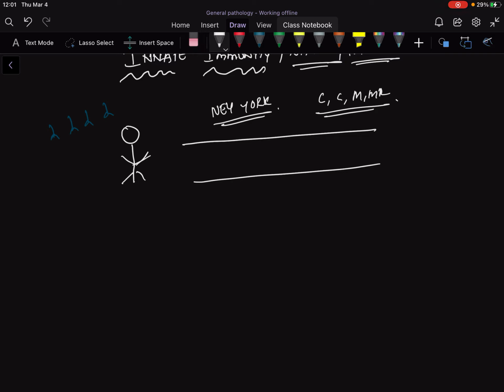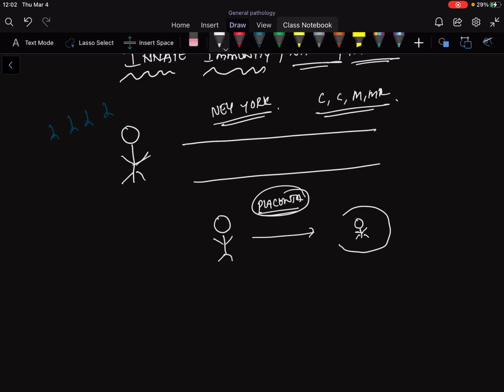And one day she got pregnant, and what will happen? All these antibodies against those diseases are going to cross the placenta, right? All the antibodies will cross the placenta and go to the baby.